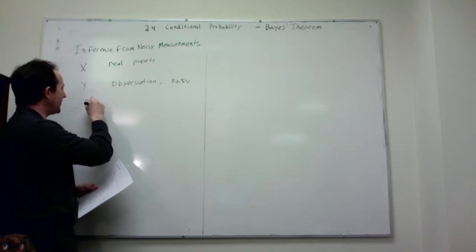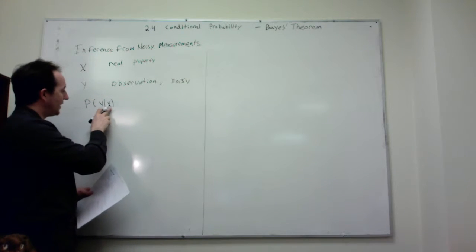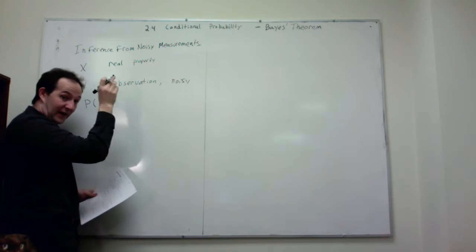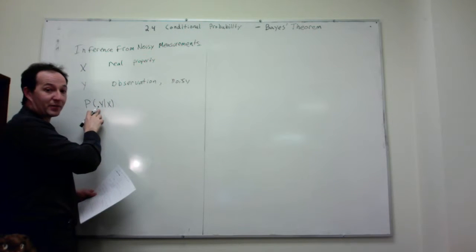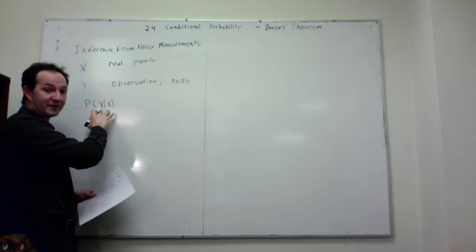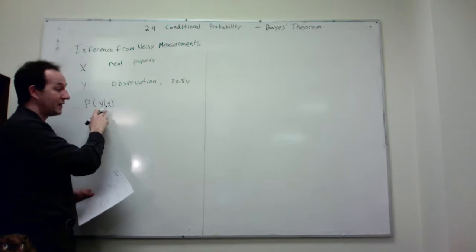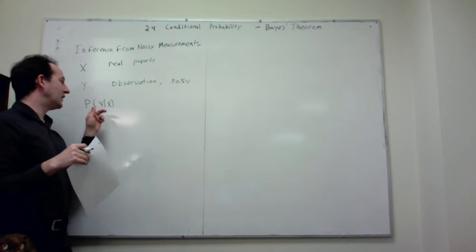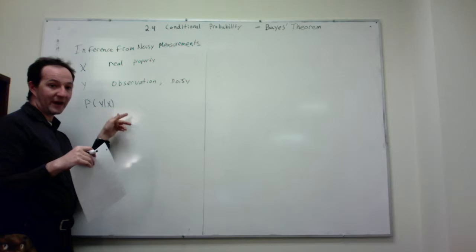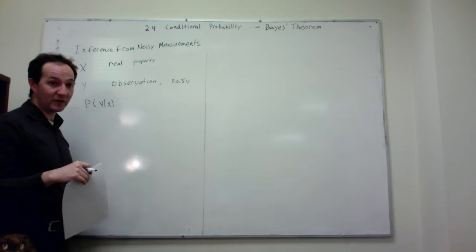We can think of P of Y given X. This is saying if X had a particular value, then P of Y given X is the probability that the sensor produces a particular observation Y given X. So you'd like this to be 1 when Y is equal to X and 0 if Y is not equal to X. And that would be true if you had a perfectly noiseless sensor.